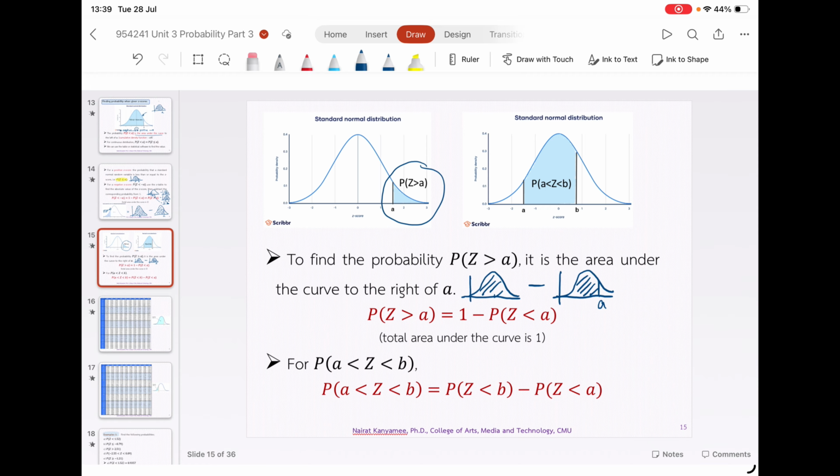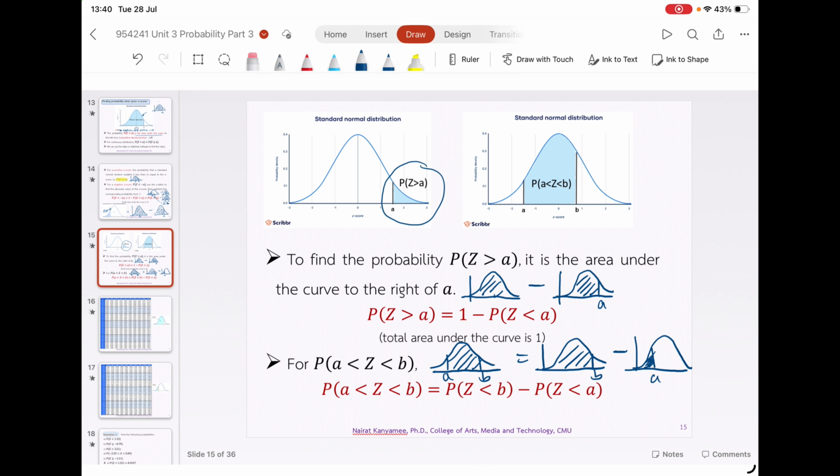Now, the last one: if you want to find the probability of the area under the curve from a to b, you can find it by taking the probability of z less than b, so this shaded area first, and then subtract the probability of z less than a.